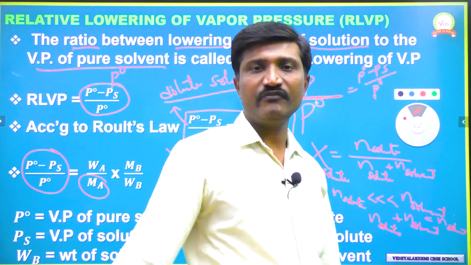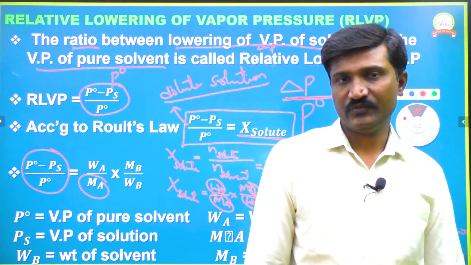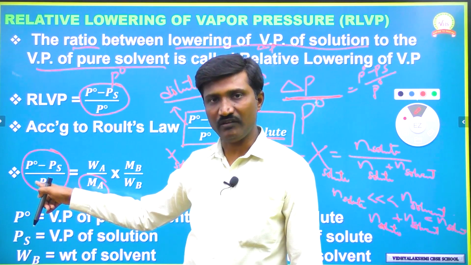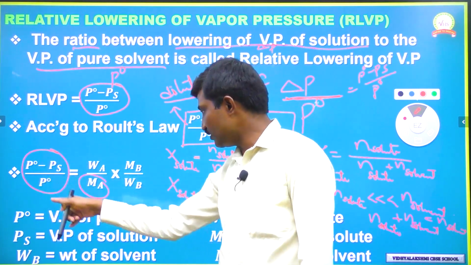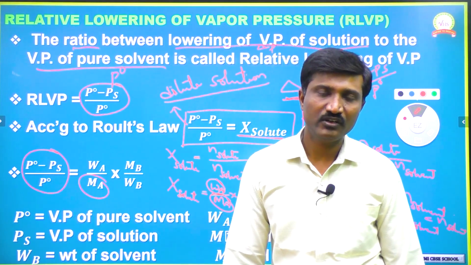That relative lowering of vapor pressure we have to find experimentally. By doing some experiment, we can know this RLVP, and by using this equation we can calculate the molar mass of the solute.